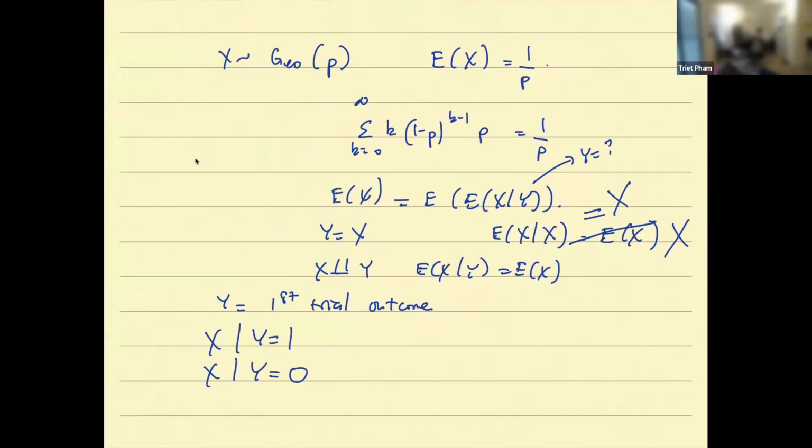If the first trial is a success, what does my X, the total number of trials to success, look like?